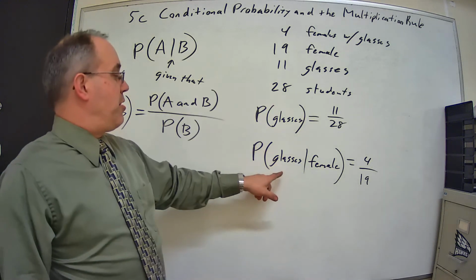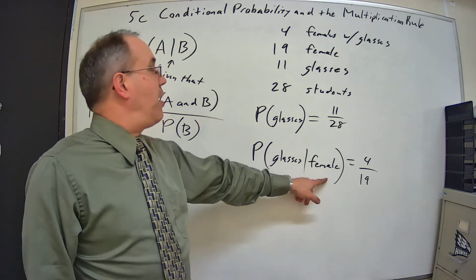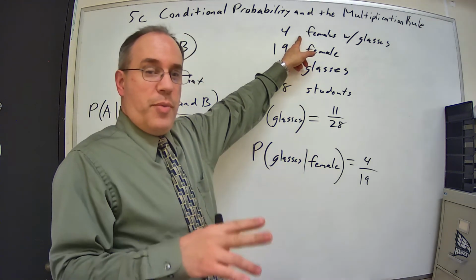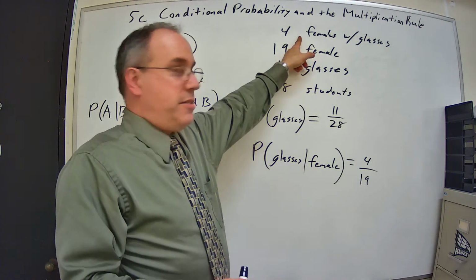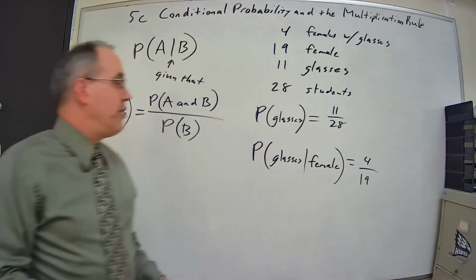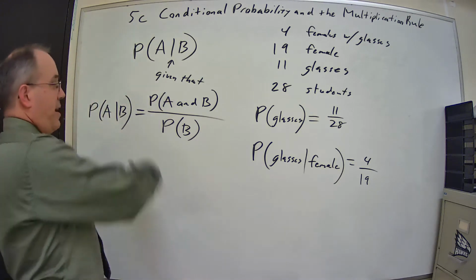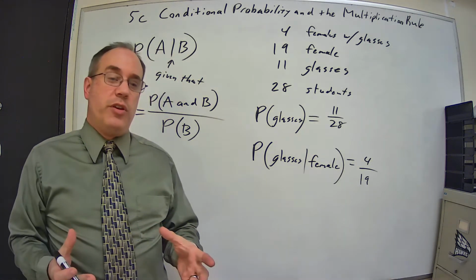We said, look, the probability of selecting someone who's wearing glasses, given that we know it's a female, is 4, the number of people who are female and wearing glasses, over 19, the number of people who are female. Basically, we're saying, okay, let's localize it to the information we know.